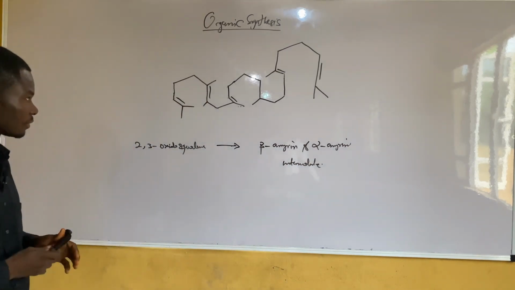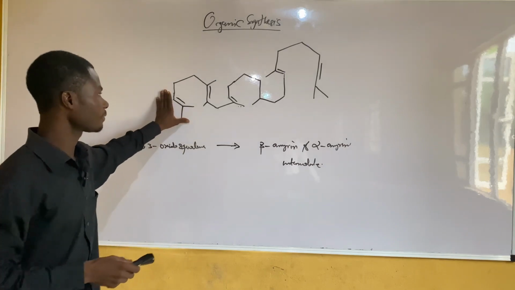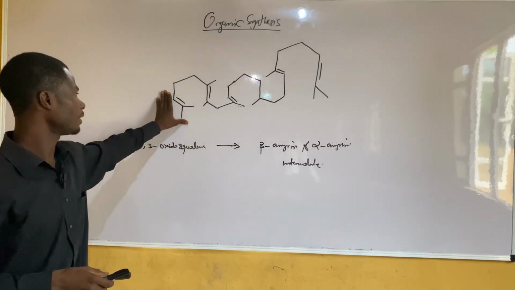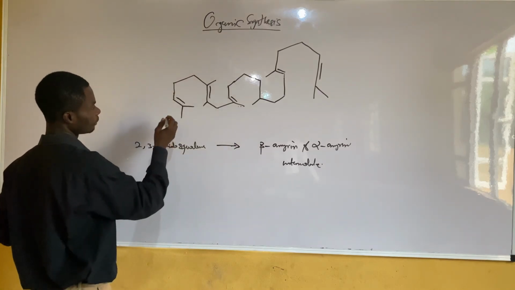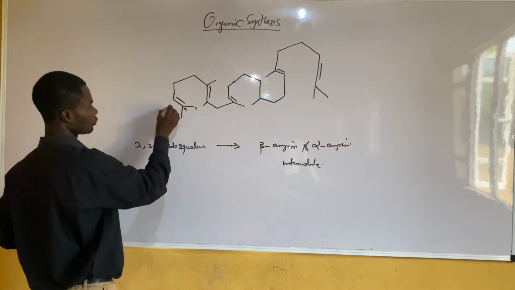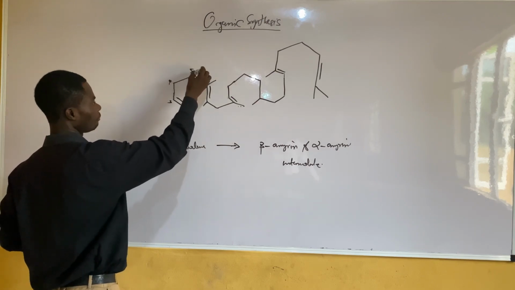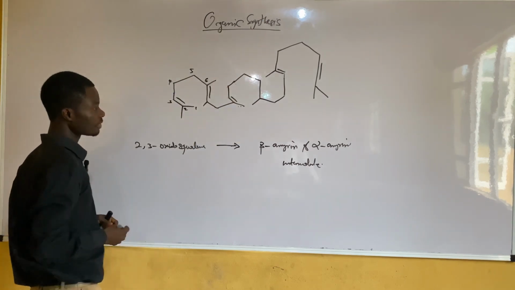Are we there together? So now looking at this from chemical synthesis, the very first thing to do, let me number it so that you can get it very well. So we have one, two, three, four, five, six. We can number and so on like that.